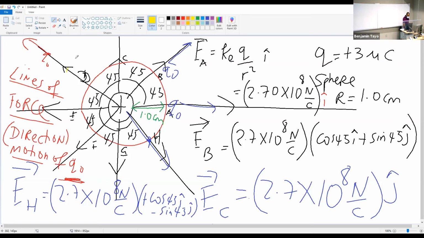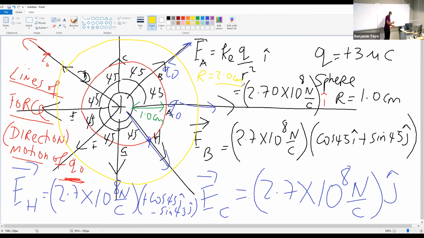Now, what if I draw a second circle like this, but now let's take the radius of that circle to be 2.0 centimeters. If I were to go back and repeat the same calculations, what is the one quantity I need to change? It's just the magnitude, and by what amount? 1/4, right?